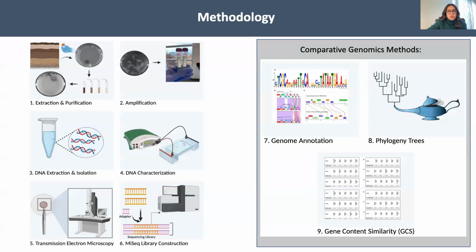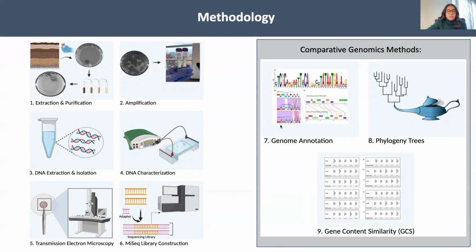So just a brief overview and a reminder of our methodology. We collected soil samples from local areas in Ottawa and went through a long procedure that allowed us to isolate, amplify, characterize, and purify the phages. Then came the most important part, the sequencing library preparation and gene sequencing done at the University of Pittsburgh.